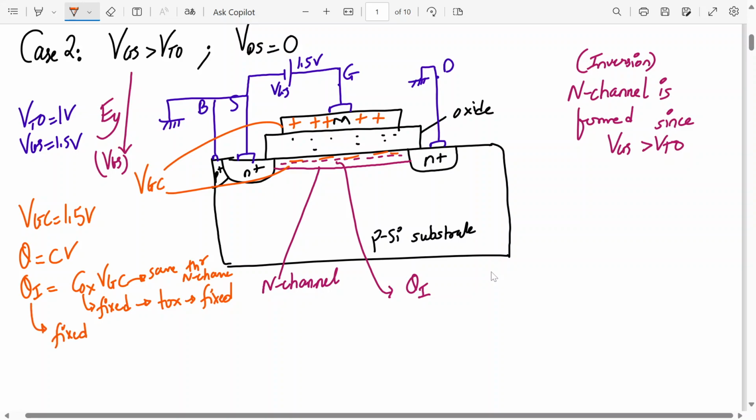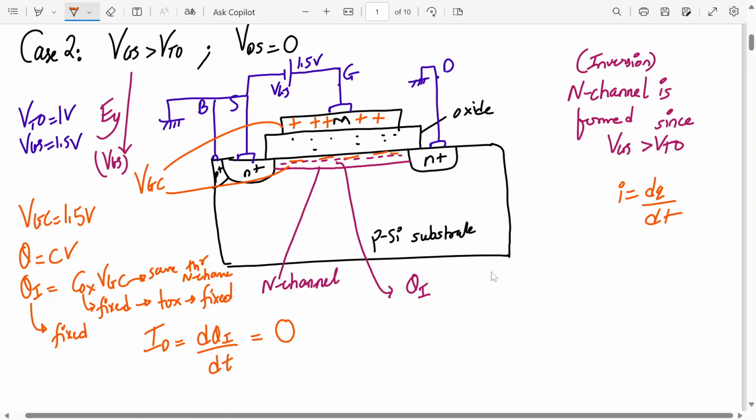Now for the current to flow, the drain current is given by dq by dt, right? So here it will be dQI divided by dt. What is the derivative of a constant? 0. That's your answer.